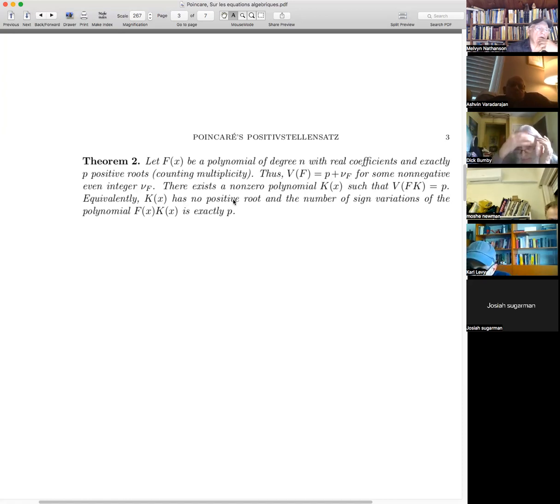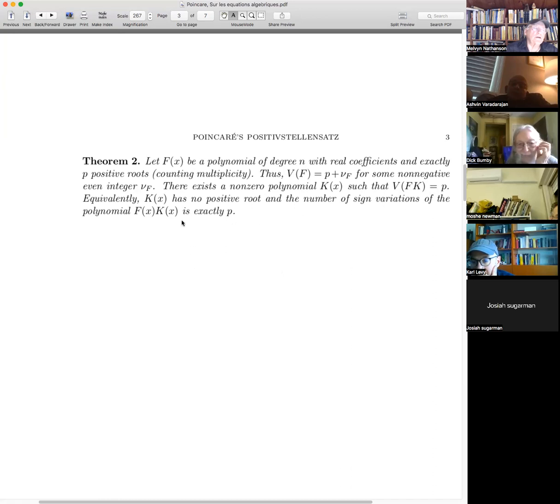So again, Poincare proved that there's a non-zero polynomial K of x. K of x does not necessarily have only positive coefficients. All we can say is there's a non-zero polynomial K of x such that if you multiply f times K, f already had p roots, so fK is not going to have fewer roots, and in fact it could have more, but there's a K such that for f times K, the Descartes number, the number of sign variations in the coefficient sequence, is exactly p.